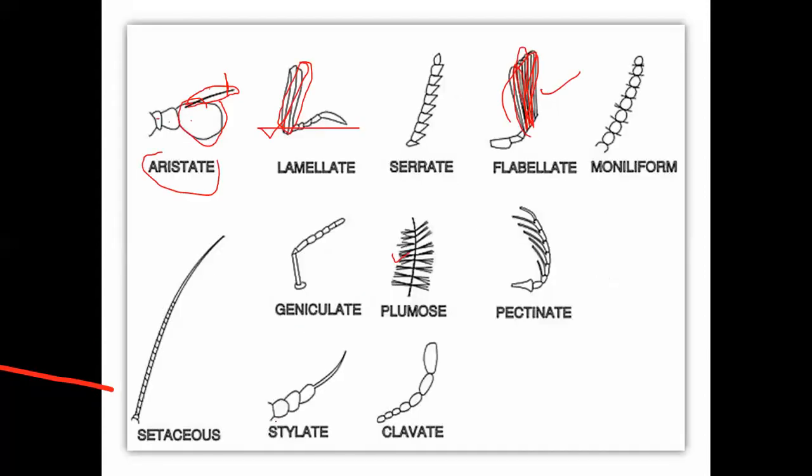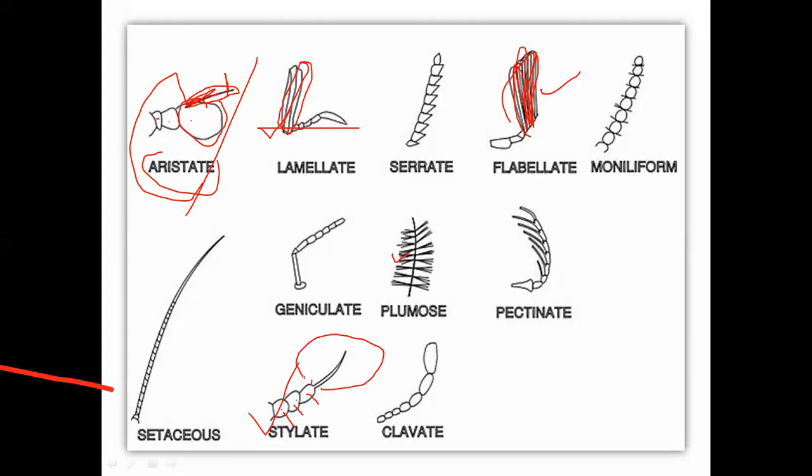Look at this picture. This stylate antenna is also three segmented. 1, 2, this one. Can you see what I am marking? 1, 2, 3, not a fourth one. Here it is completely open. So it is three segmented, and here also the bristle arises from the arista. In the stylate also there is a bristle-like structure, but that is present on the dorsal side of the arista, whereas here, in the stylate, the bristle-like structure is present at the tip of this antenna, and which is called the stylet.